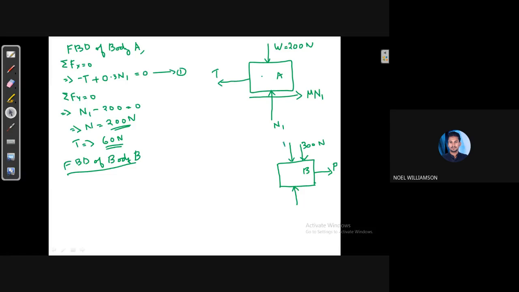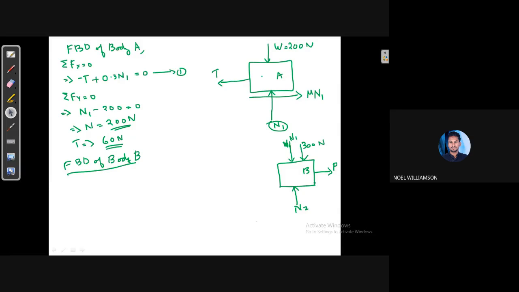So it is N1 itself. The value will be same as this one. But here for B, it is acting in the opposite direction. And this is N2. So here you can write it clearly. N1. This is N2.